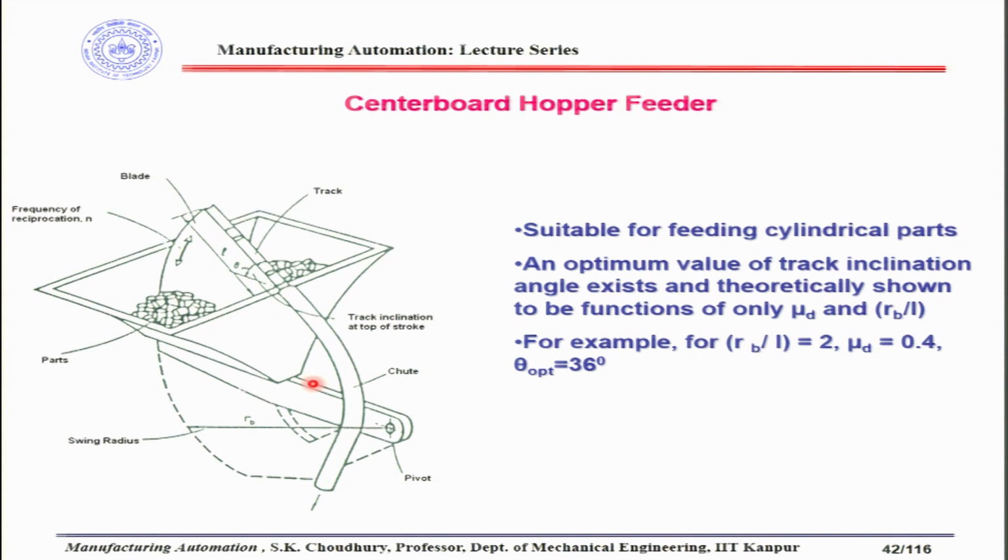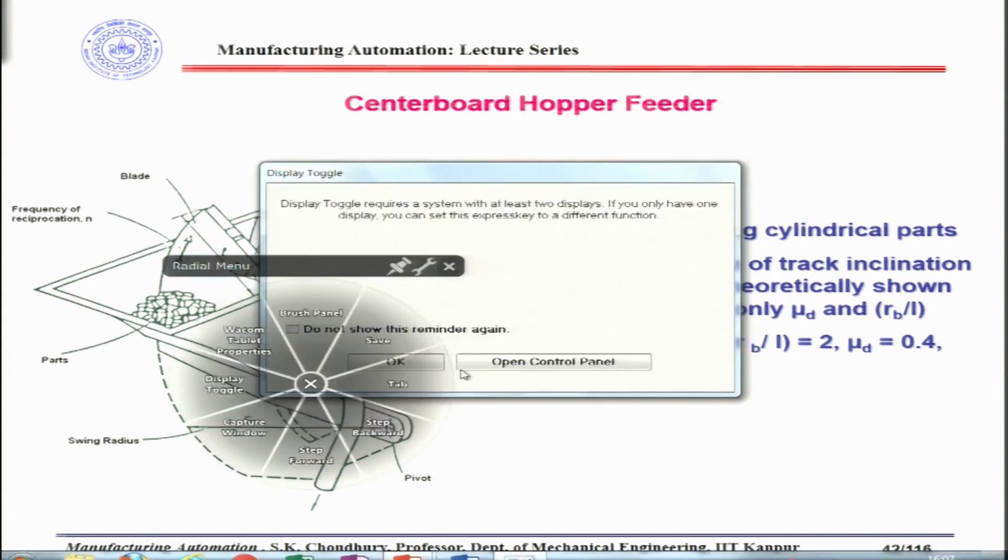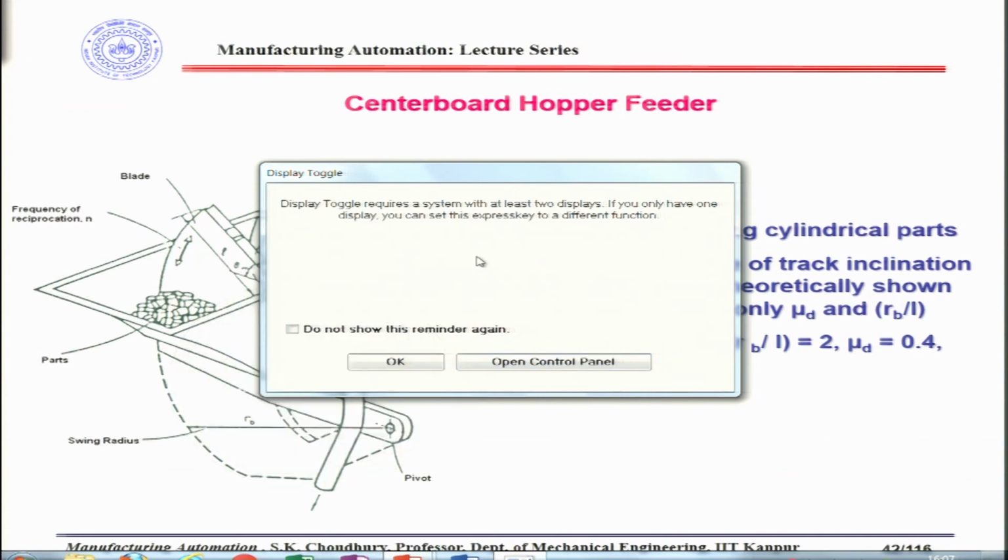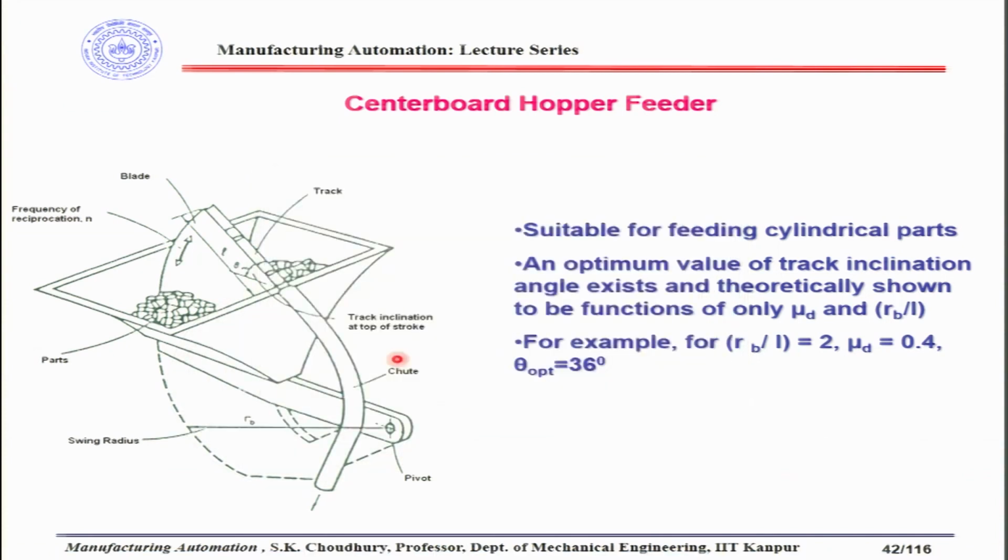If the angle of inclination is more, it will facilitate the parts to go down the track. But at the same time, if the angle of inclination is very high, it will take more time for the reciprocation of the blade, and so the production rate will be lower, because the time taken will be higher, and the rate is always the inverse of the time. That is what we discussed earlier also.